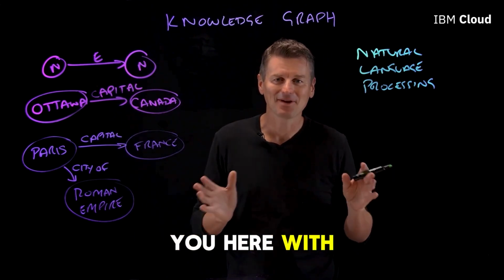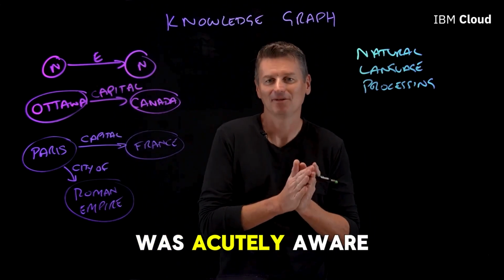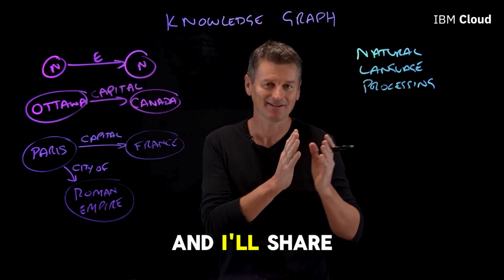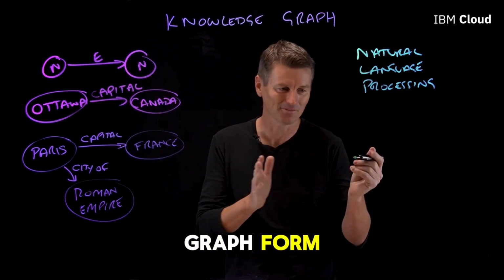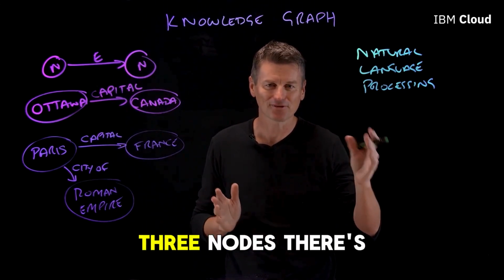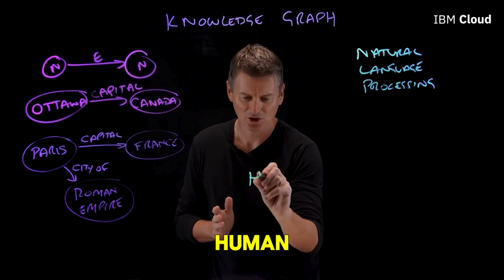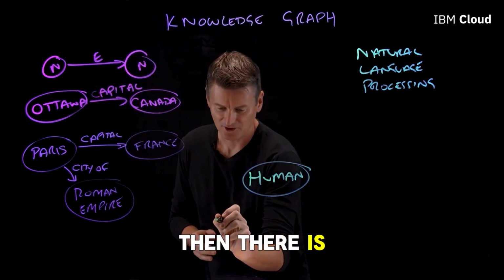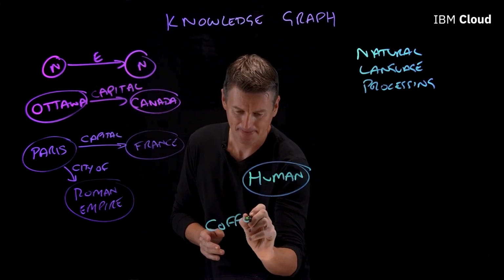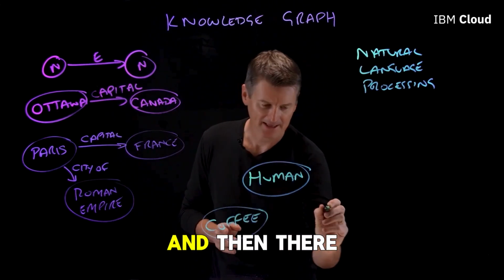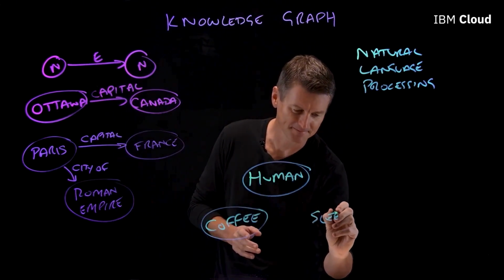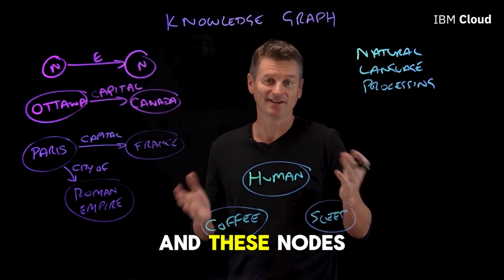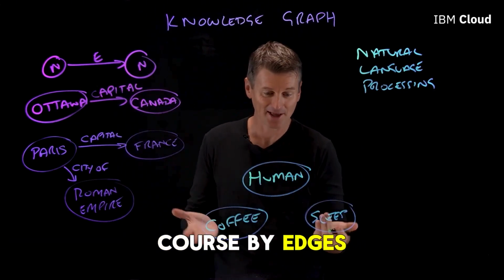And I'll leave you here with some wisdom that I was acutely aware of last night, and I'll share it in knowledge graph form. It consists of 3 nodes. There's human, then there is coffee, and then there is sleep. And these nodes are connected, of course, by edges.